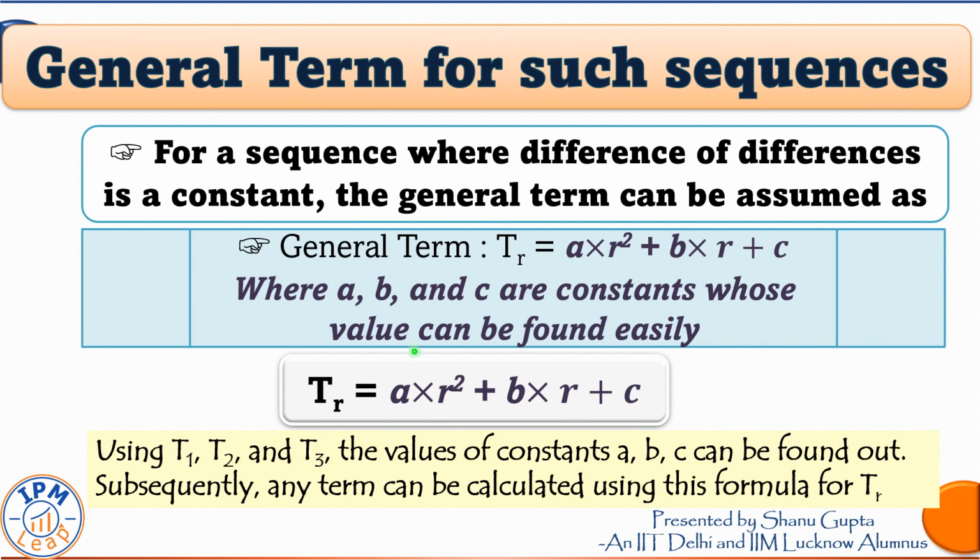And friends, since we noticed that the differences of differences is a constant in these sequences, always remember the general term, which can be denoted by T_R, will be a quadratic in terms of R. T_R can be assumed as A R squared plus B R plus C, where A, B and C are constants whose value can be found out from the first few terms of the given sequence. Let me show you how.